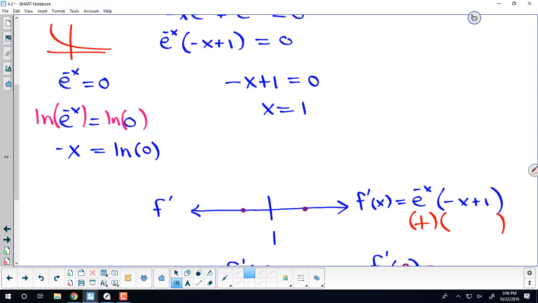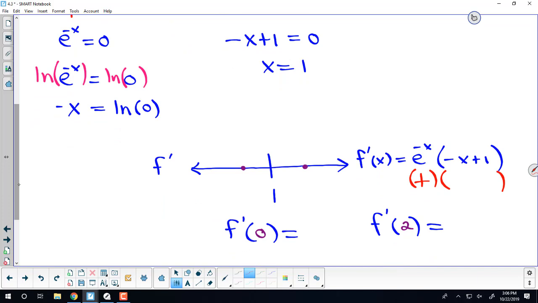When we plug in 0, you just have negative 0 plus 1, so that's positive, which means you've got a positive times a positive. And when x is 2, you get that factor again, always positive, but 2 in here makes this factor negative, and negative times a positive is a negative. So that's what you're dealing with, the first derivative.